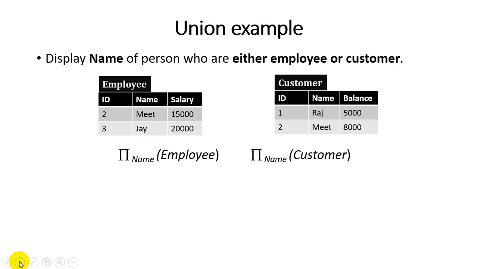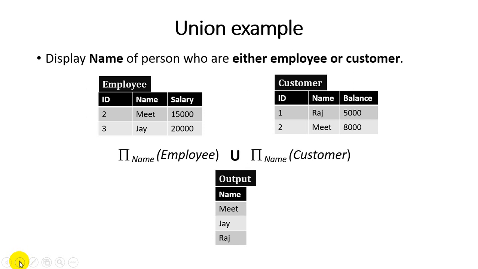To combine the two queries into a single result, we use the union operator and get the final result. As per the output, Meet belongs to both employee and customer, so we remove the duplicate. Jay belongs to employee and Raj belongs to customer. So it satisfies the requirement to display the names of persons who are either employees or customers.